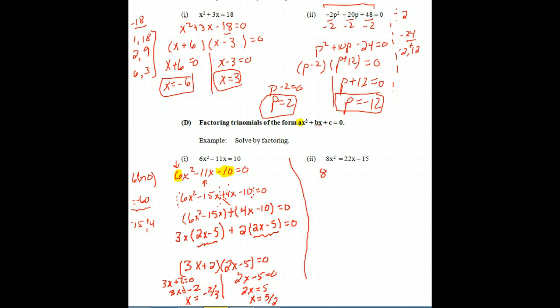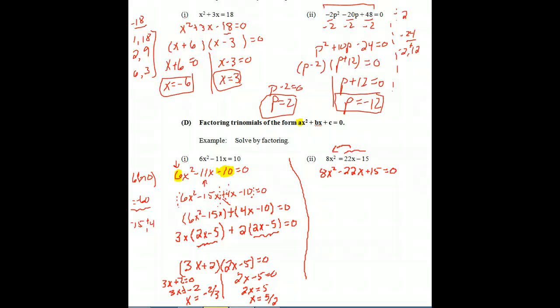We'll do the same over here. So we bring everything here over. We then carry out. Now, to solve this, this is not a 1 in front, so we have to do our next step.